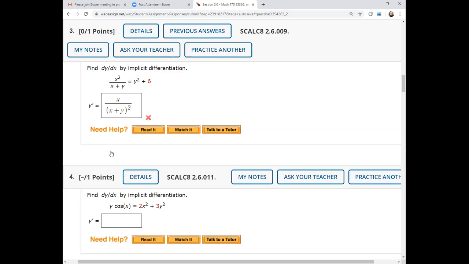2x minus x squared dy dx plus 2xy minus 3y squared dy dx, over x plus y, is equal to 0.